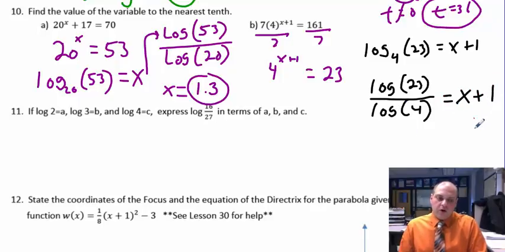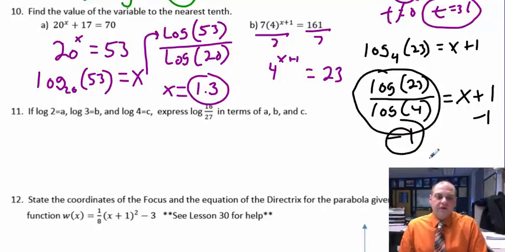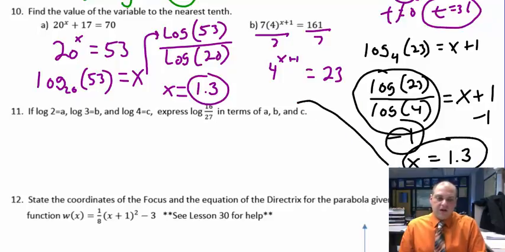And then subtract 1. So it's this thing, and then minus 1 after. So you get x equals, actually 1.3 again. If you don't have a calculator with you, that's what you end up getting.